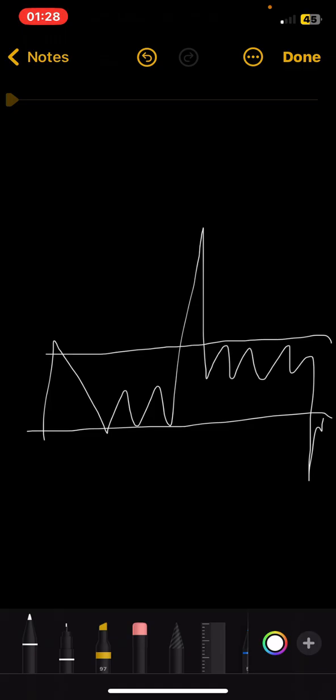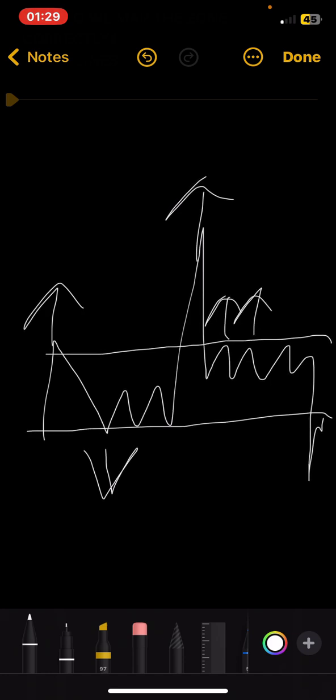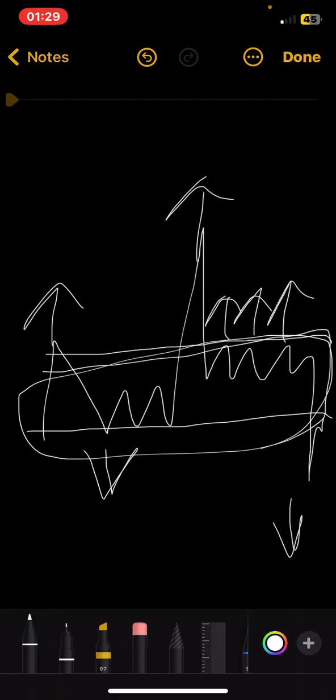The market has been rejecting these points, pulling down to this point, pulling up again to this point, came down, rejecting here, here, here, and came down to this point too. So the market has been consolidating inside of this zone.